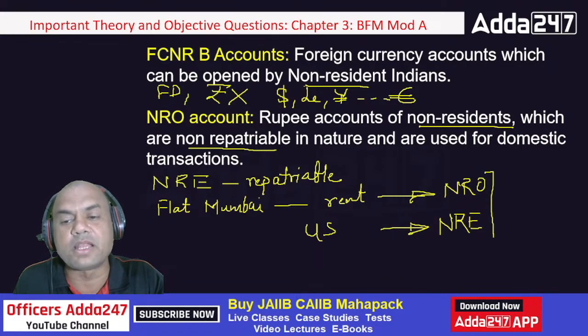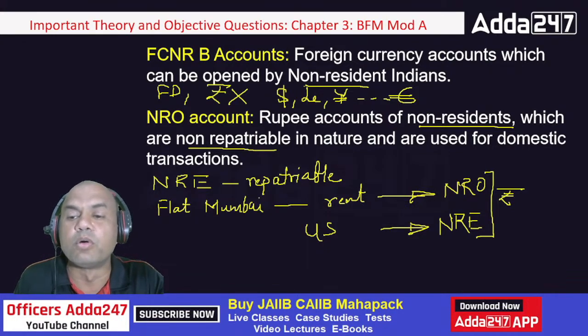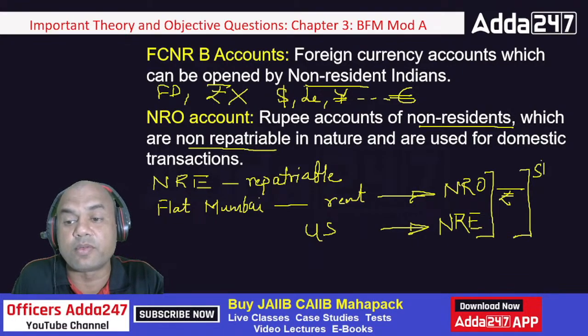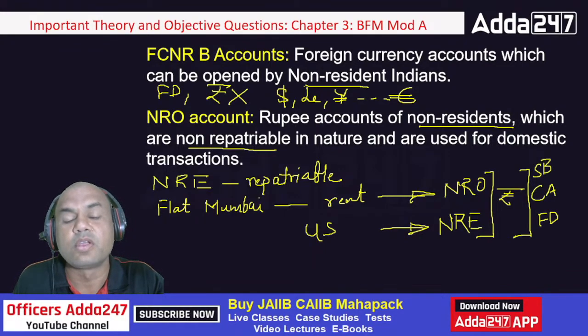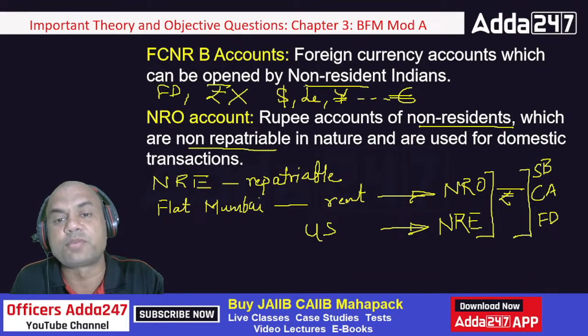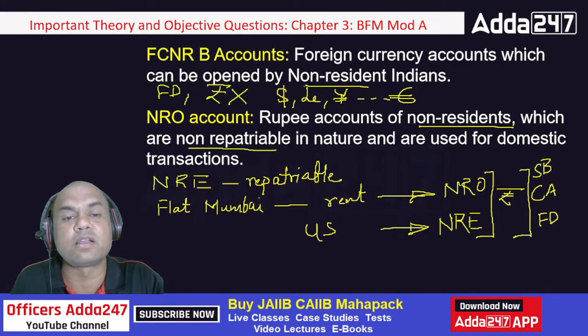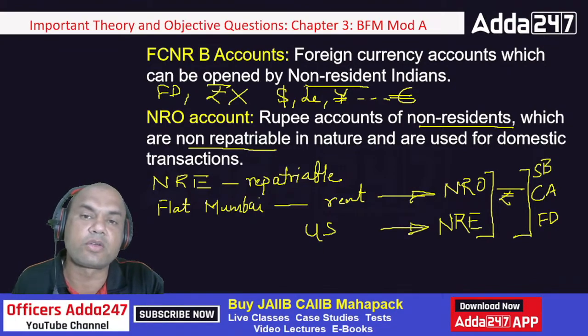The similarity is that both are rupee accounts. Both NRO and NRE can be savings, current, or term deposit FD. All three are allowed. Whereas in FCNR only FD is allowed. No savings or current is allowed in FCNR.